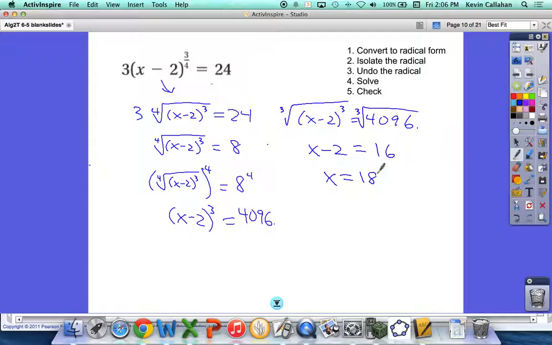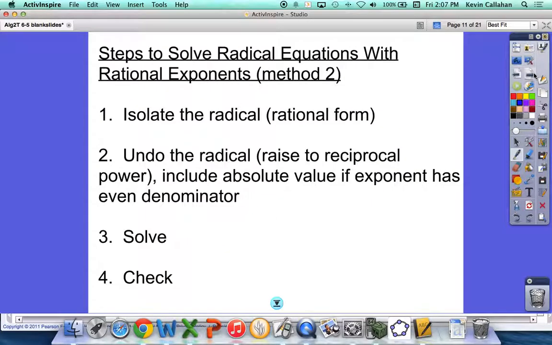Okay, that's method 1. New and improved, method 2. Isolate the radical. But this time the radical is the rational form, right? It's the thing that has the fraction as an exponent. Isolate that first.